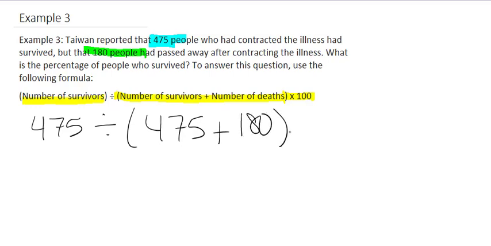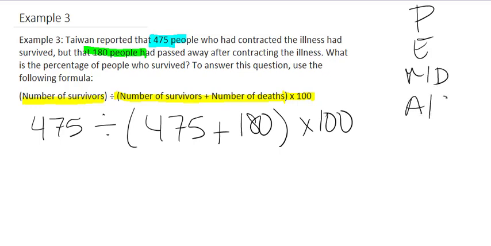And we're going to multiply all of this by 100. So let's use our order of operations to solve. So we have, please excuse my dear Aunt Sally. So we can see that we have a parentheses operation right there. So let's handle that one first.